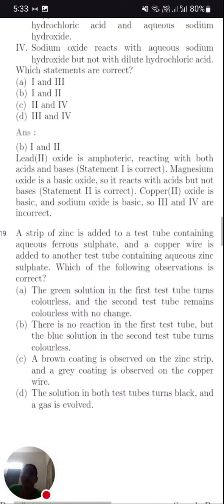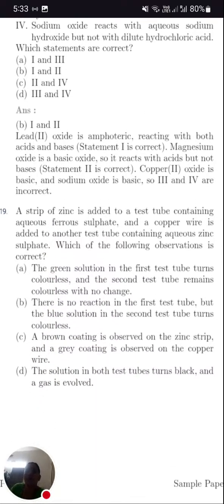Now the next question: a strip of zinc is added to a test tube containing aqueous ferrous sulfate. Zinc plus ferrous sulfate. Copper wire is added to another test tube containing aqueous zinc sulfate. Which of the following observations is correct? For this you need to remember the activity series.